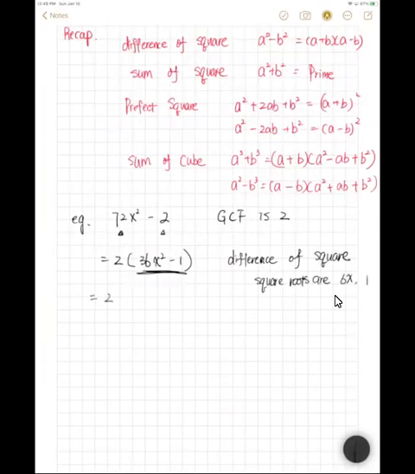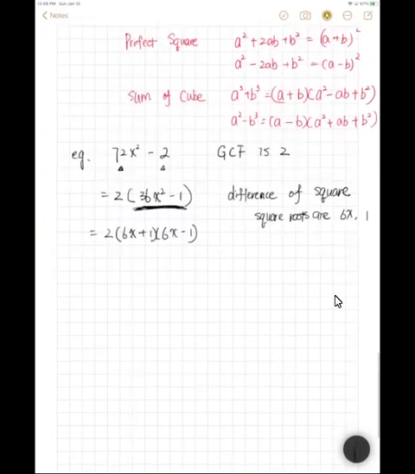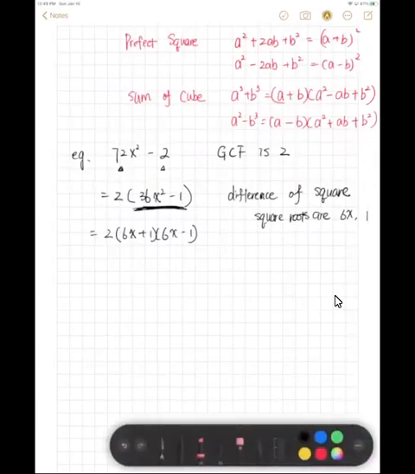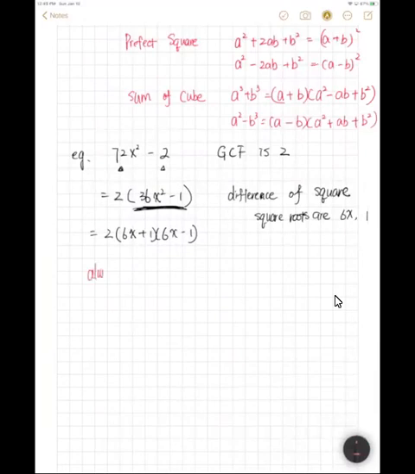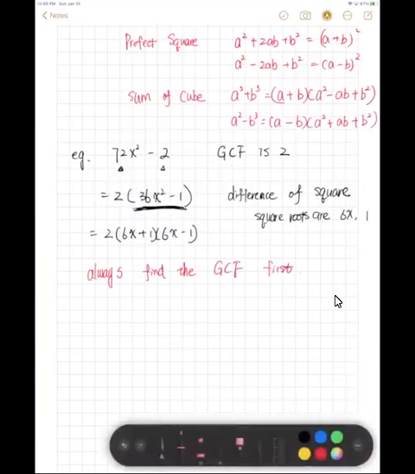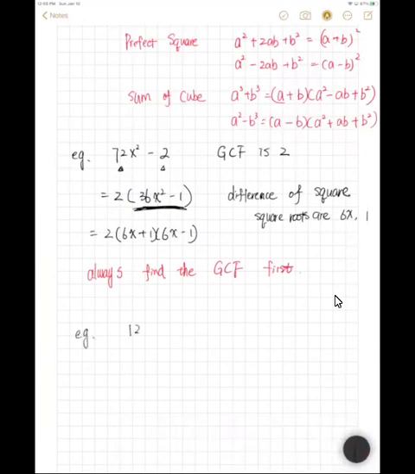So that means the parentheses we can factor as 6x plus 1 times 6x minus 1. So what does this tell you? This tells you to always find the greatest common factor first, and then you can continue to do the factor, such as this example.